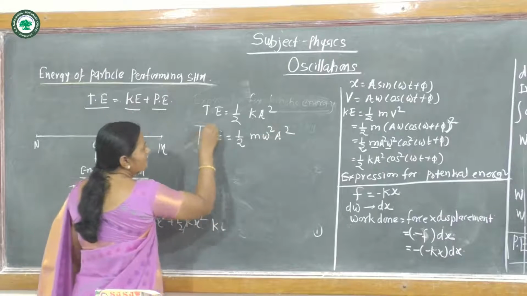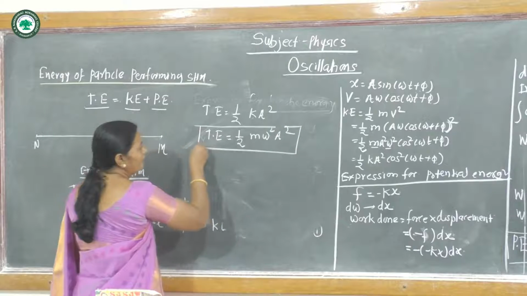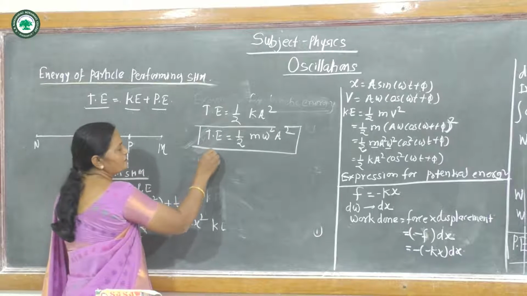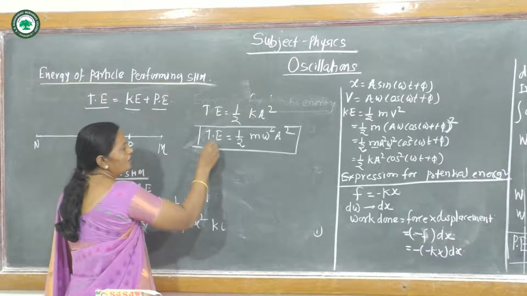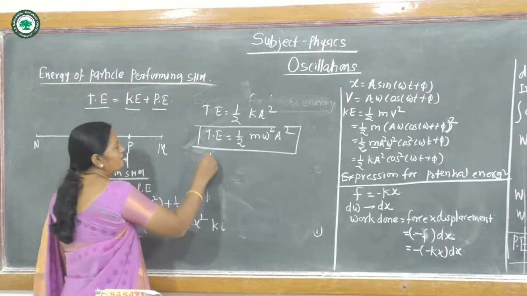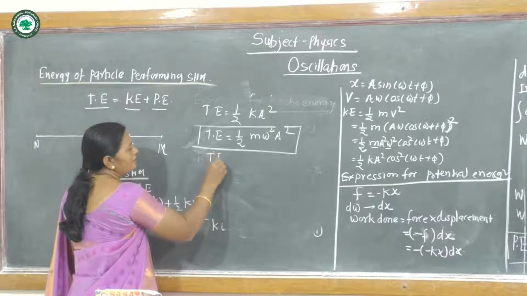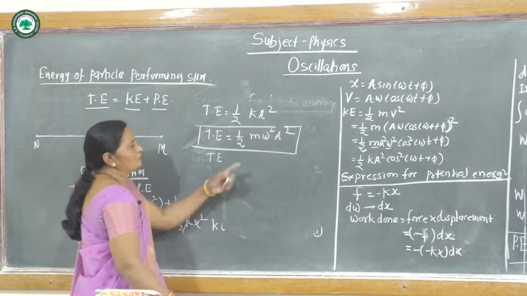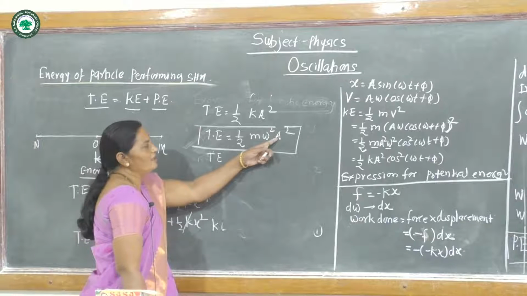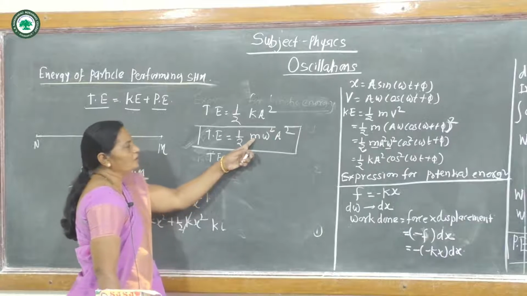This is the expression for total energy. We can say total energy is directly proportional to omega square, a square, and m.